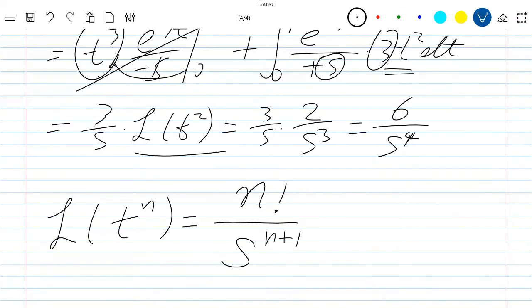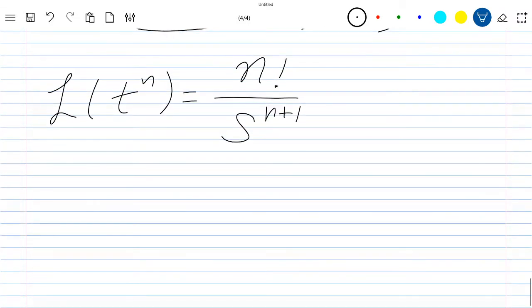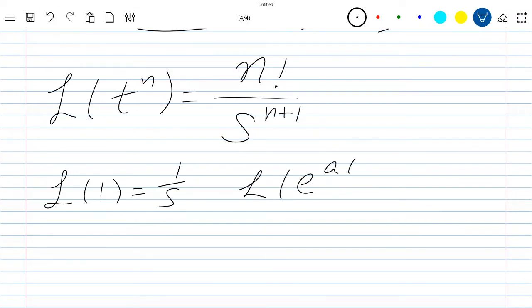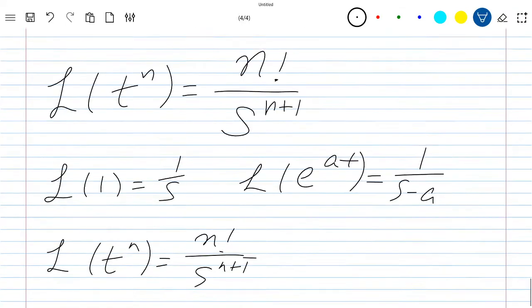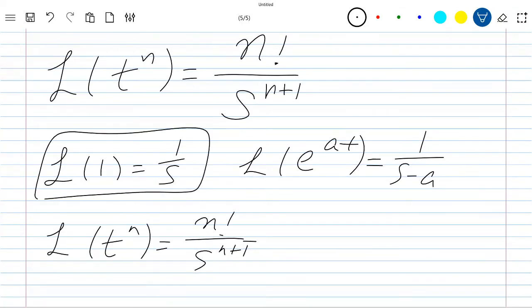Okay, so we can write down our family in this simple way. L of e to the at equals 1 over s minus a, and L of t to the n equals n factorial over s to the n plus 1.